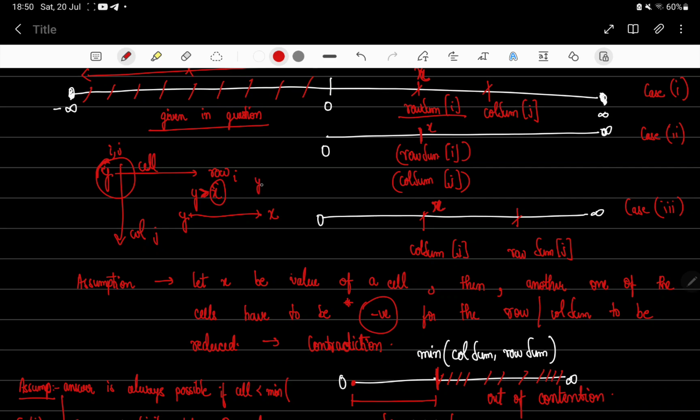So y minus x is the difference, say z, and minus z should be there somewhere, so that y plus minus z becomes x. So this is a negative value.